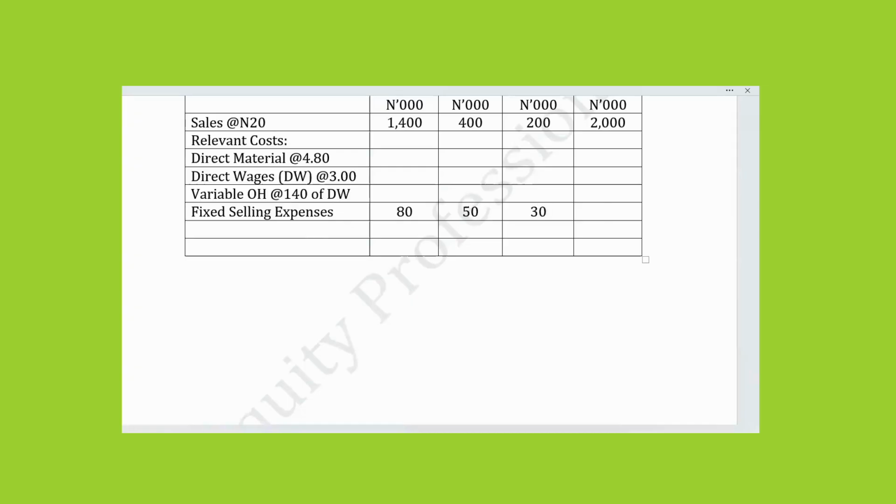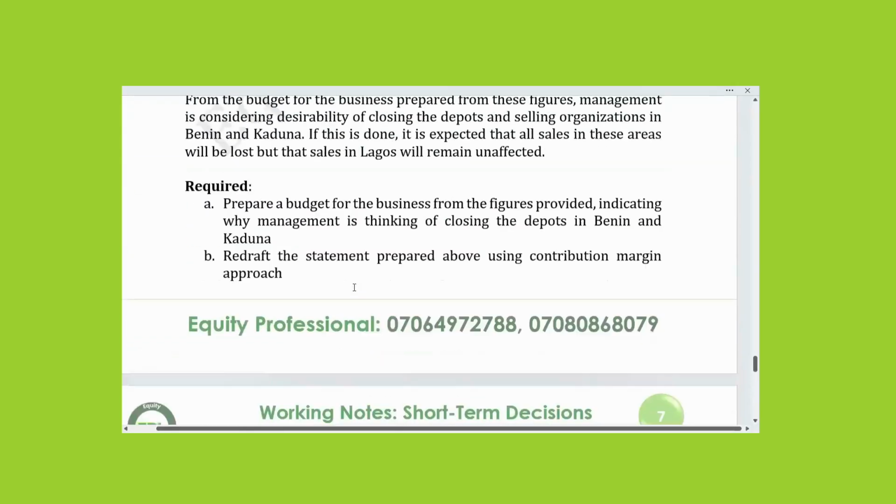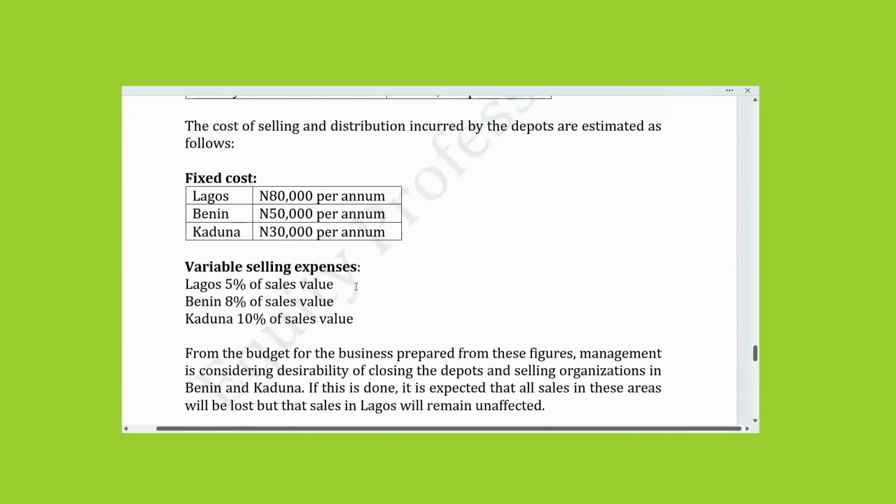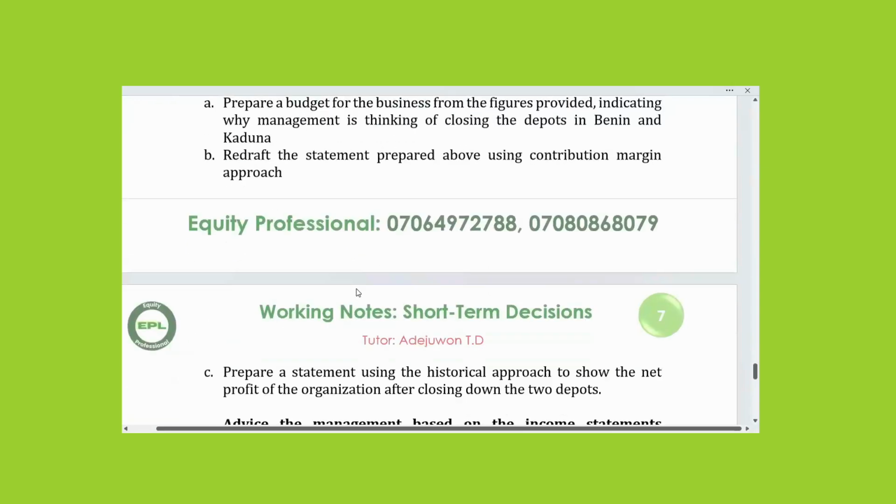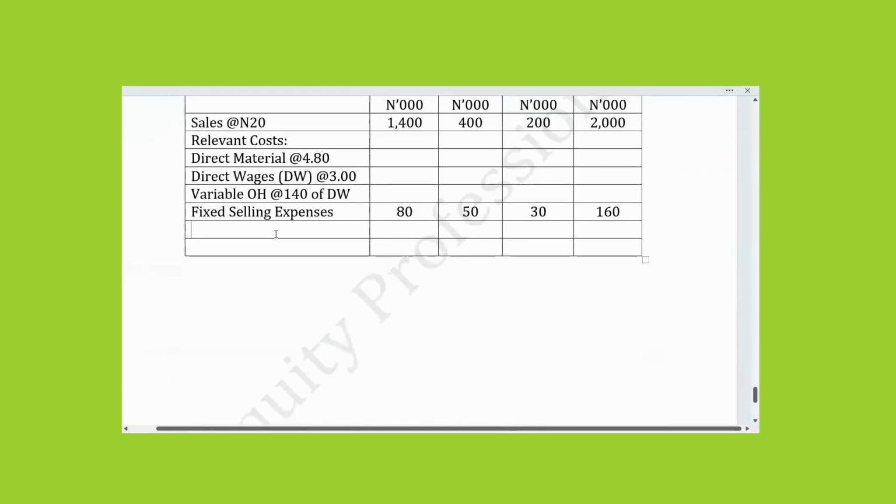When you add it together, that's 160. What other expenses are relevant? Variable selling expenses are also a relevant cost.